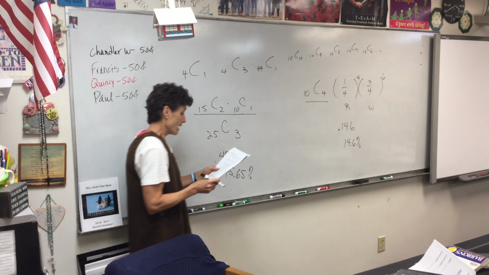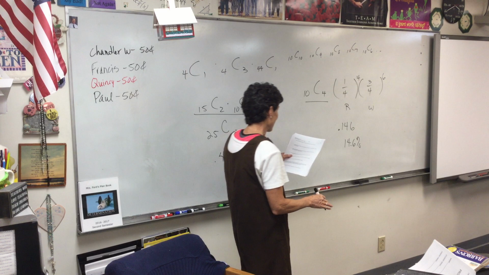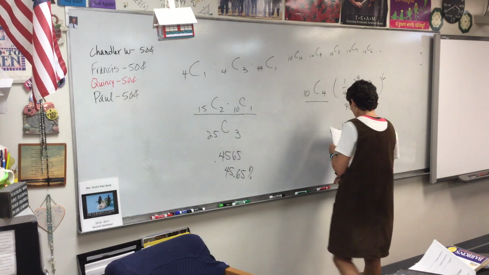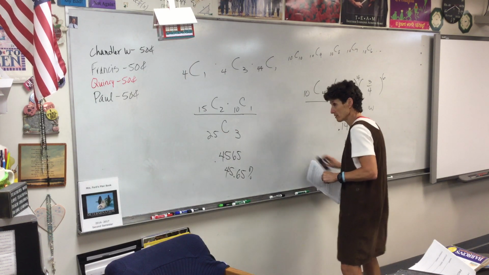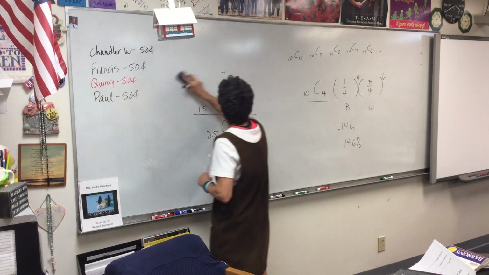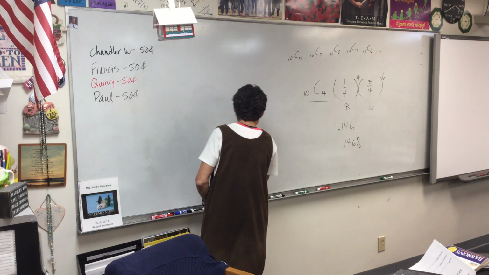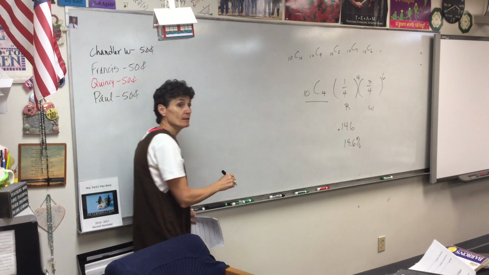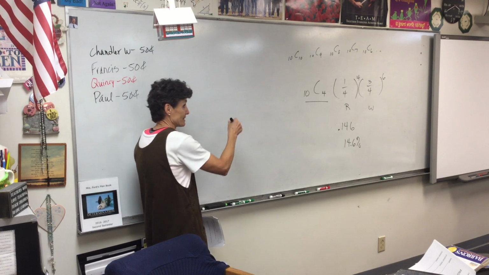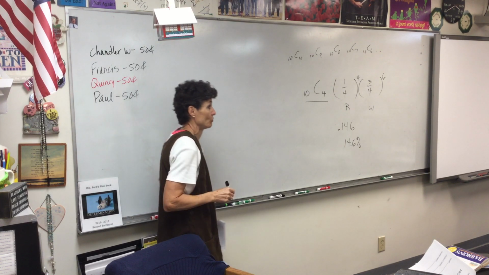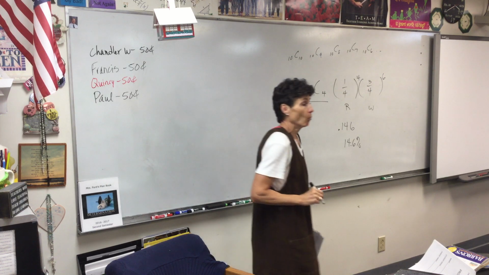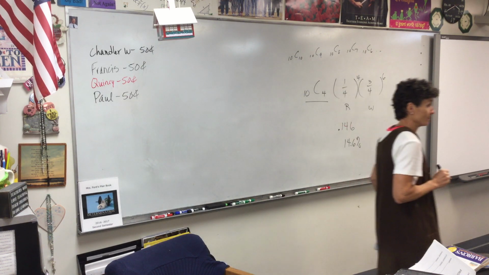All right. How many ways can a pitcher and a catcher be chosen from a team of 9 players? You have 9 players, right? Our choices are 9C2 and 9P2. 9P2. Why is it 9P2?